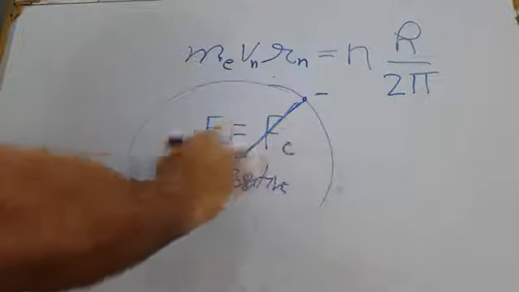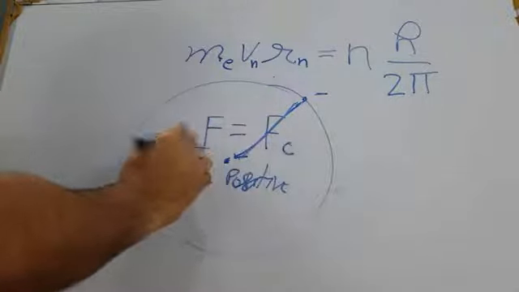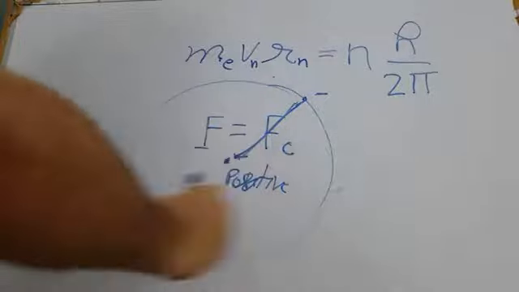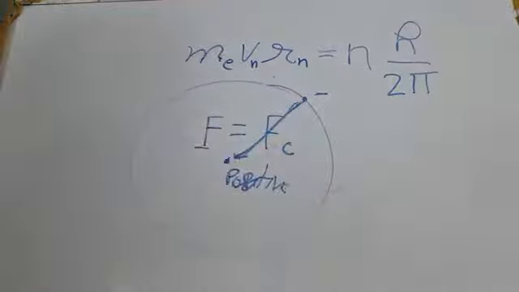This is the centrifugal force and this is the Coulombic attraction. If both are equal, then it would keep on revolving in this. Means what?